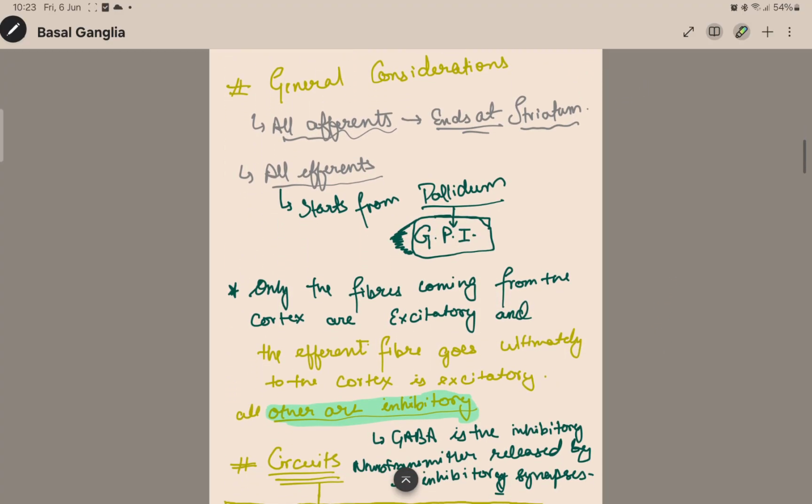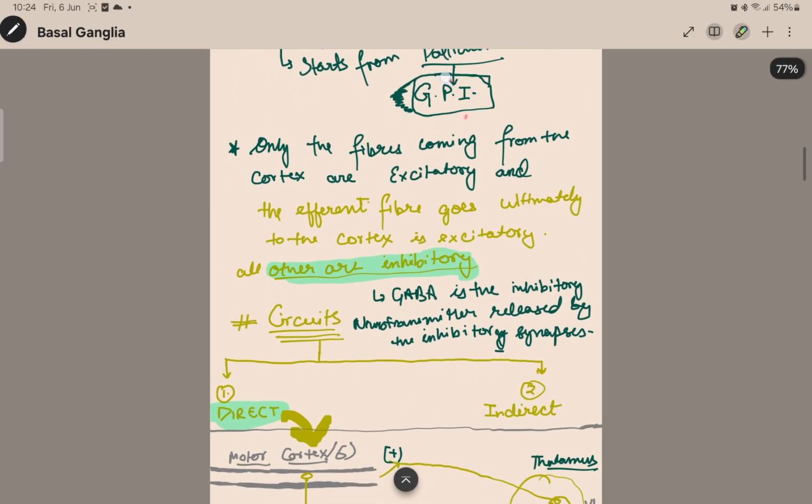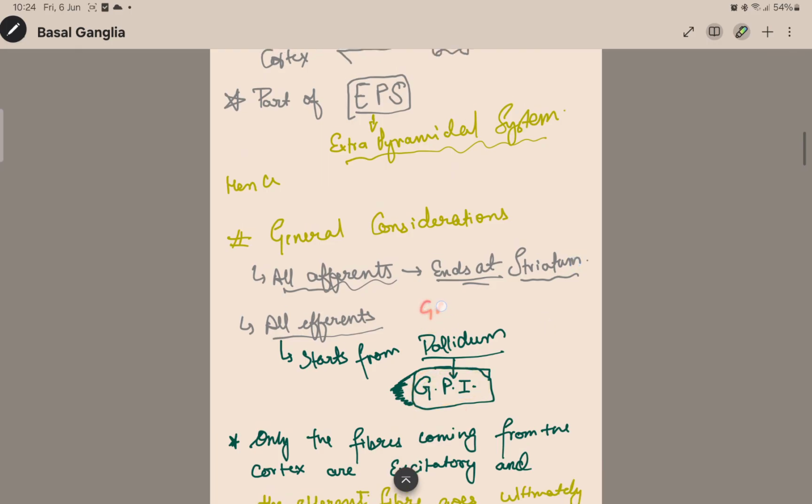So general considerations: all afferents enter the striatum. That means all the fibers that are coming to the basal ganglia from the motor cortex. And all efferents start from the pallidum, from GPI, and go via some other structures to the motor cortex.